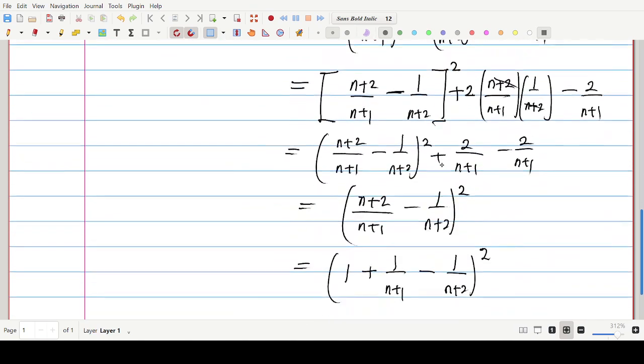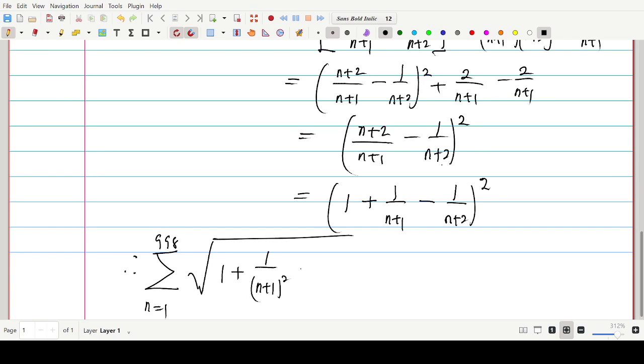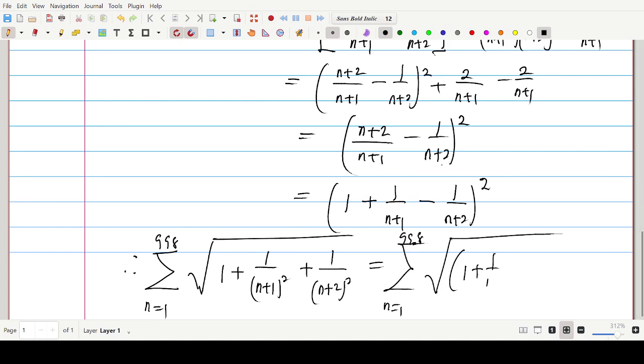So I can now say, therefore, the sum from n equal to 1 to 998 of this expression, which is 1 plus 1 over n plus 1 squared plus 1 over n plus 2 squared, can now be written as the sum from n equals 1 to 998 of the square root of brackets 1 plus 1 over n plus 1 minus 1 over n plus 2, all squared, all right? So we have this as a result.